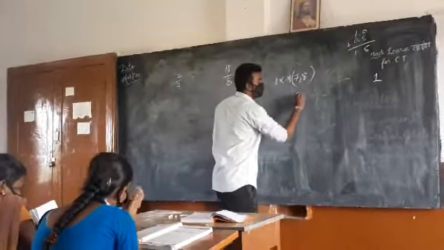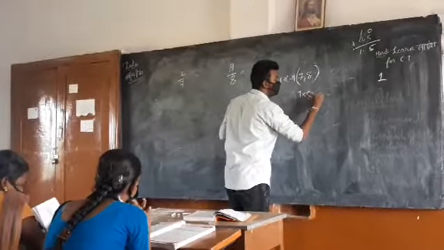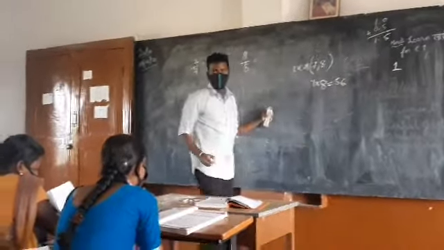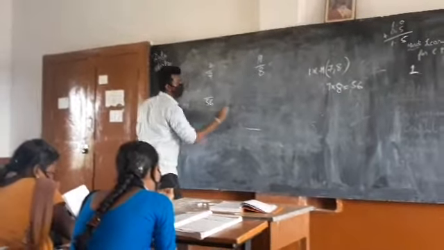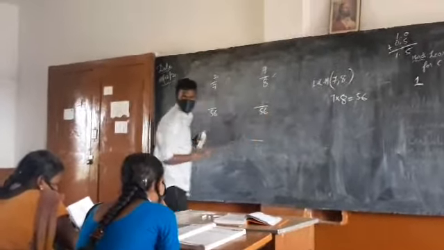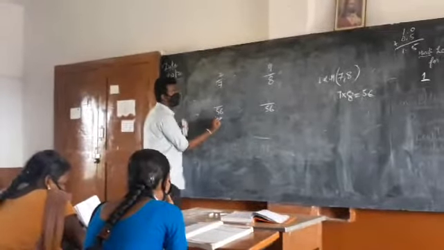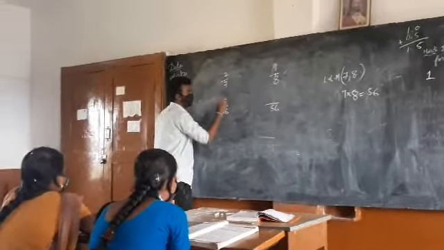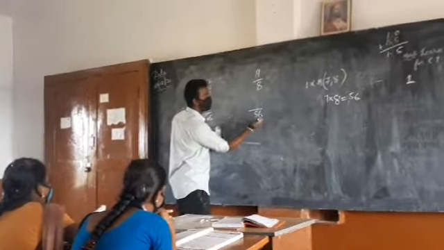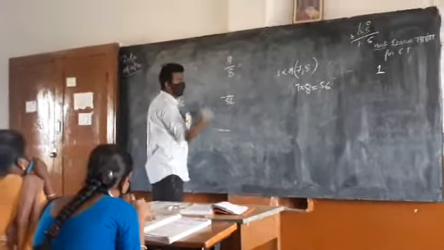So it is 7 into 8 equals 56. Understood? So convert this. 56. How many times does 7 go into 56? 8 times. 8 into 2, 16. How many times does 8 go into 56? 7 into 9.